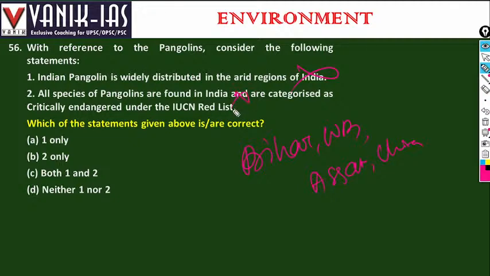When you see the word all, chances are that they are wrong. Okay. Then this particular one: the pangolins in Asia that are categorized as critically endangered are the Chinese pangolins, but others are not critically endangered.